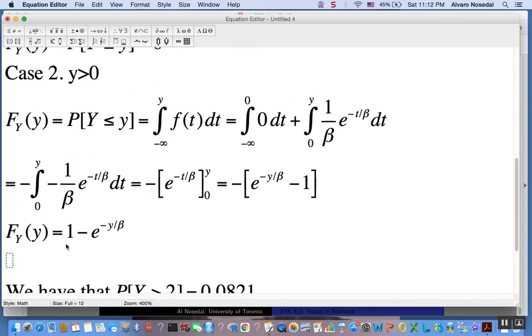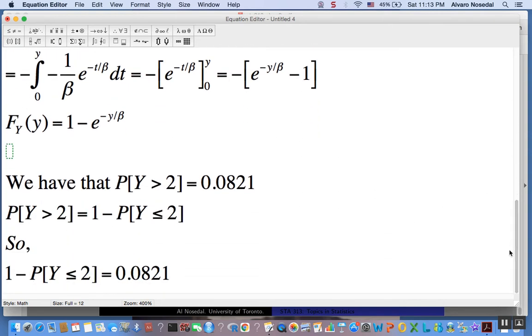So from what we did before, we know that the CDF evaluated at some positive y is 1 minus e to the negative y divided by beta. Let me call that number k. The CDF of y evaluated at k is 1 minus e to the negative k divided by beta, for positive k's. So 2 is positive, right?